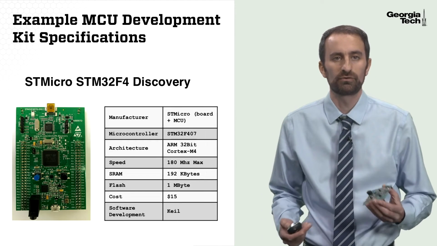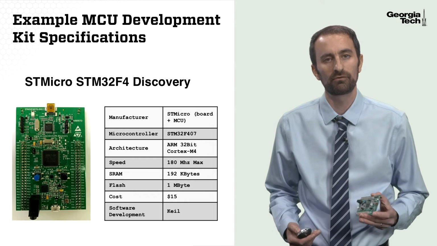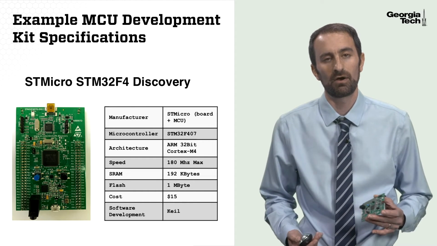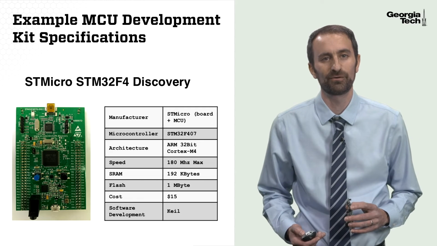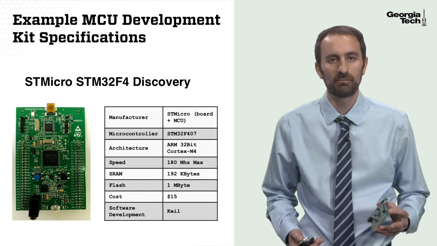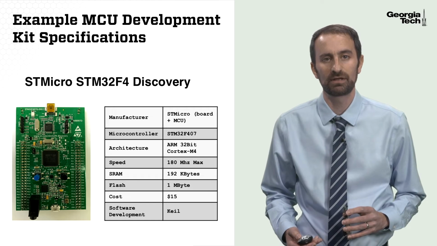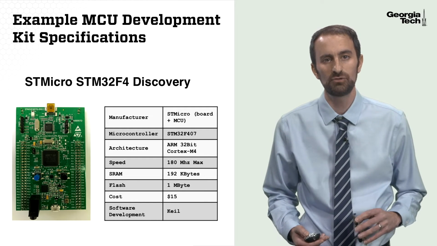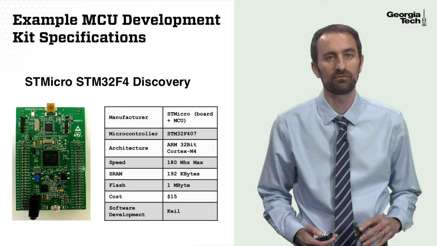This microcontroller development kit made by STMicro is another popular model that also contains a 32-bit microcontroller. This microcontroller has 192 kilobytes of RAM and 1 megabyte of flash memory, and usually costs somewhere in the $15 range.